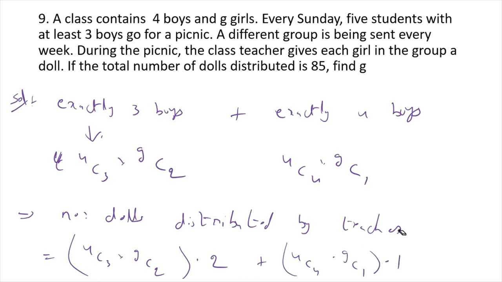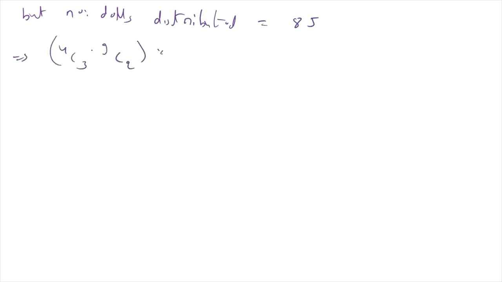So the total number of dolls that he has distributed is equal to this one. But we know how many dolls he has distributed. The number of dolls distributed is equal to 85. So this implies 4 choose 3 times G choose 2 times 2 plus 4 choose 4 times G choose 1 times 1 is equal to 85.